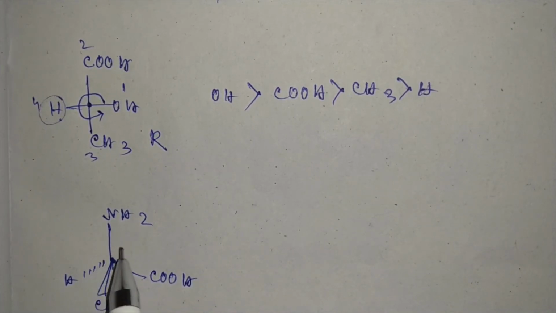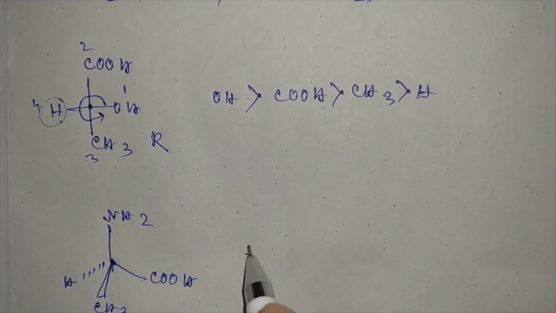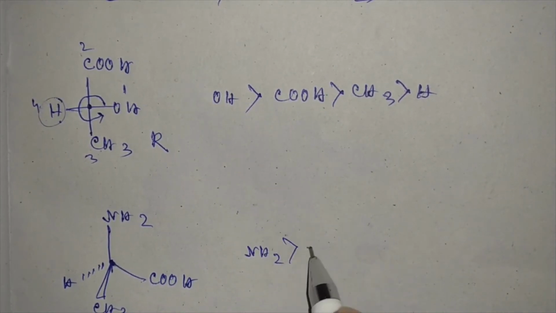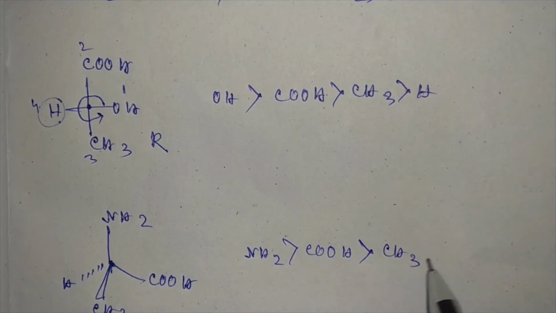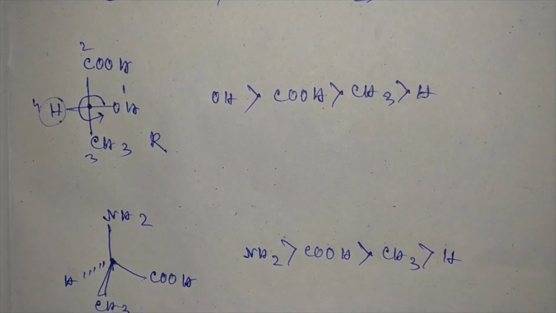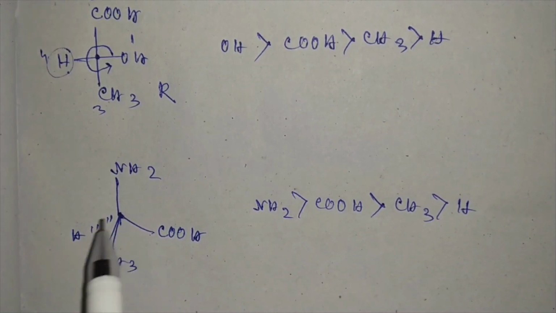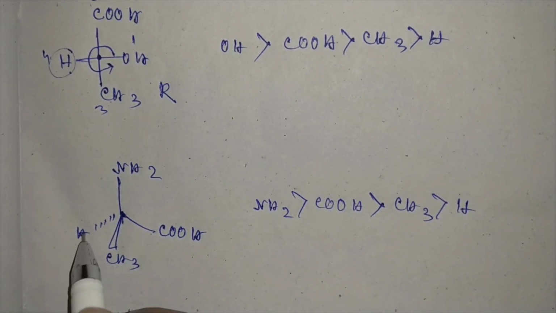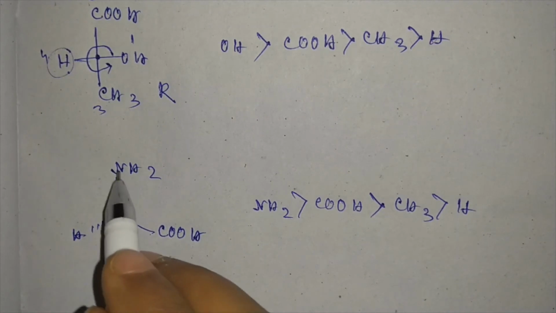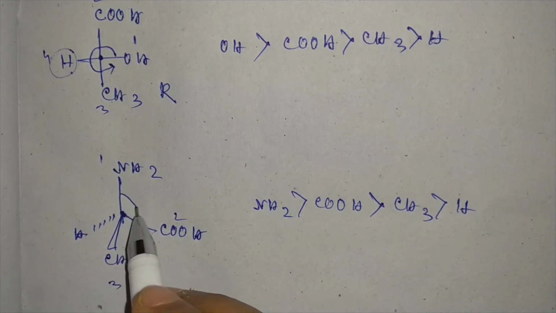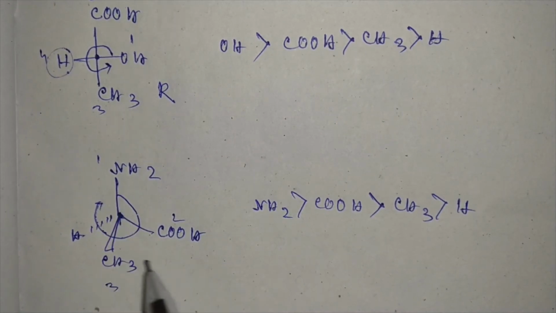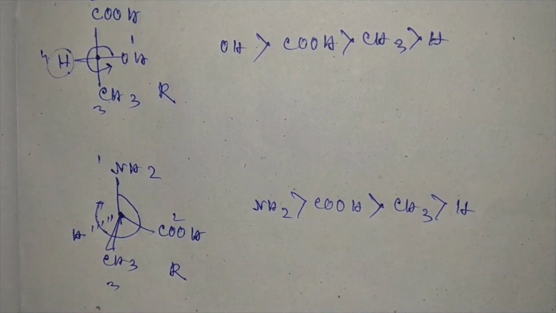So here the 4 groups have priority sequence NH2 greater than COOH greater than CH3 greater than H. Now as hydrogen is below the plane, so 1, 2, 3. So our eye is rotating in this direction, that is R. So the configuration will be R.